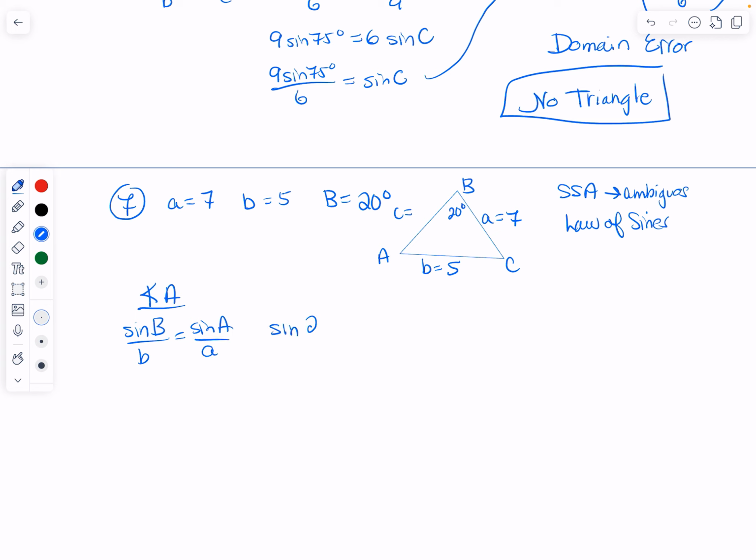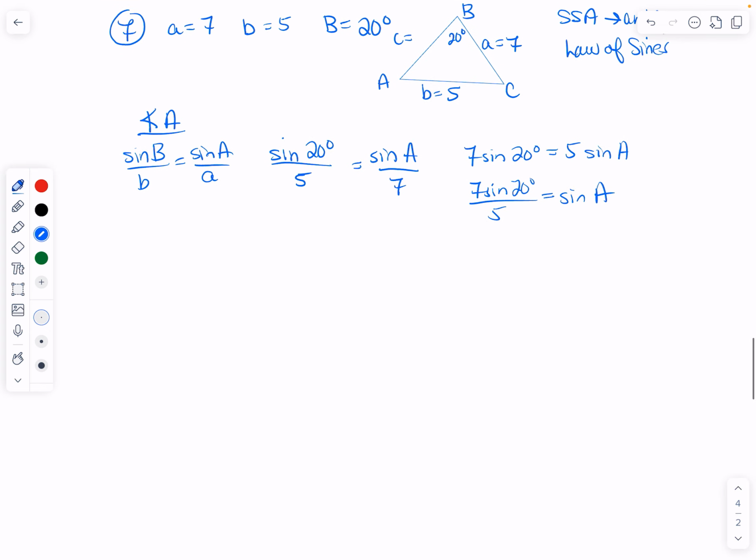So sine of 20 degrees, which is angle B, over side b, which is 5, equals sine of angle A, which I don't know, over side a, which is 7. So 7 times sine of 20 degrees equals 5 times sine of A. 7 sine of 20 degrees divided by 5 equals sine of angle A. To get angle A by itself, I have to take inverse sine of both sides.